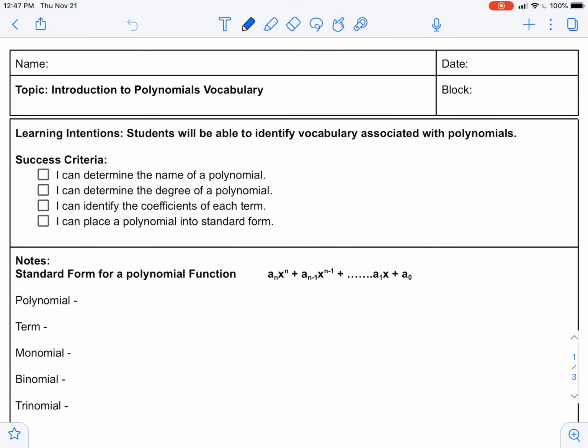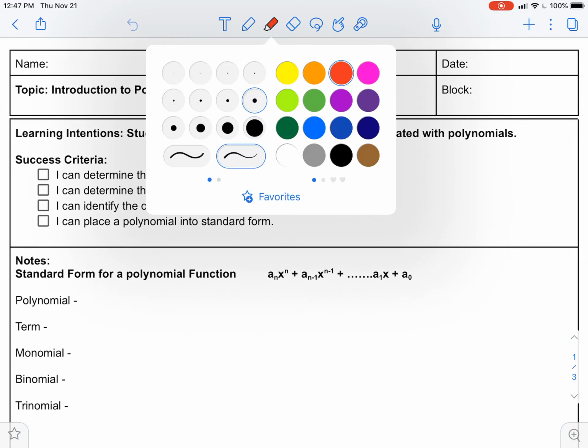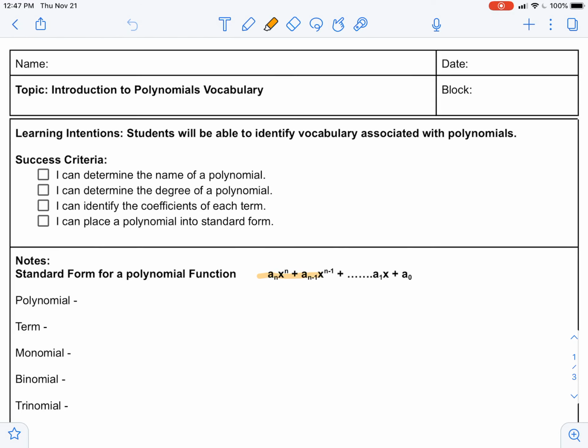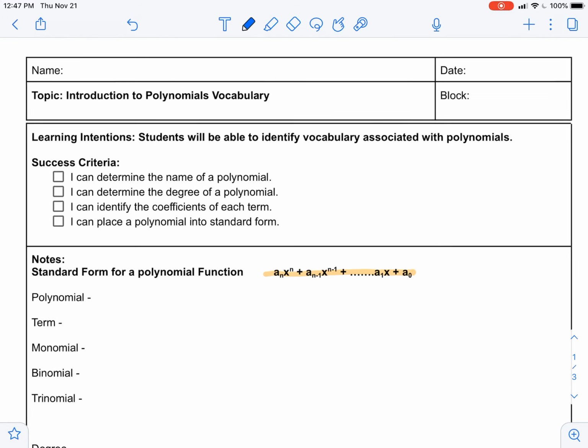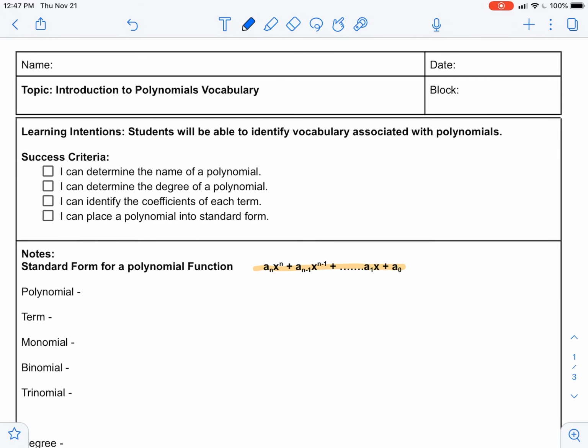And if you'll look at the notation here, this is the technical way, I guess you should say, of writing standard form. Now, one of the things that you need to remember is that the a value is our coefficient.